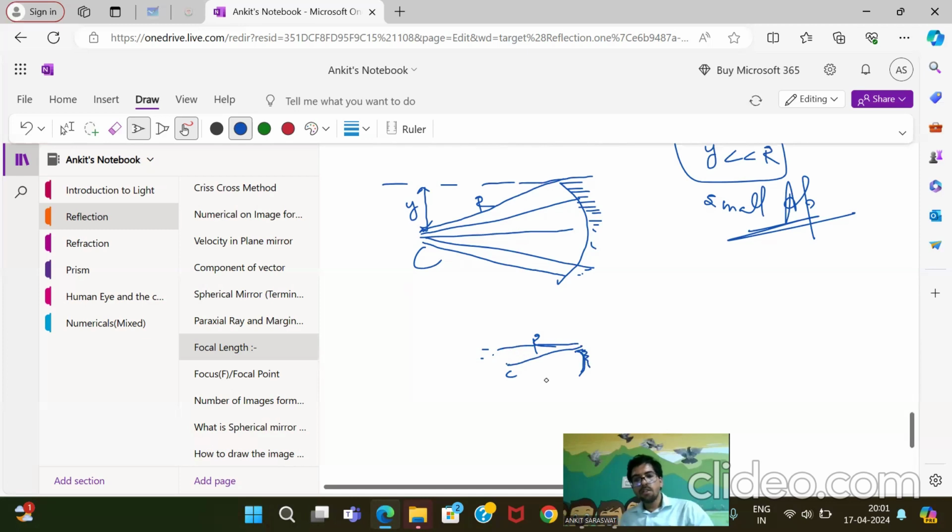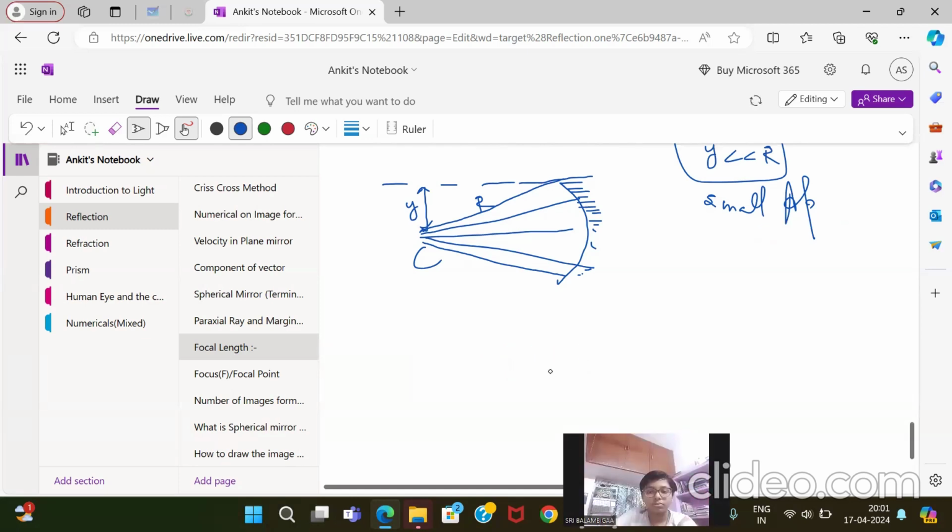Aperture simply means this opening, and in between here is the center. From the center, this is the radius of curvature. If this y is comparable to r, then it is not a small aperture. If this y is very, very less, the mirror will be like this. Small aperture.